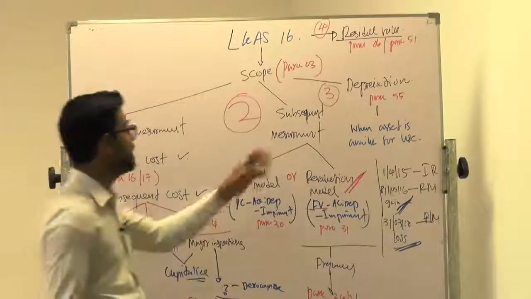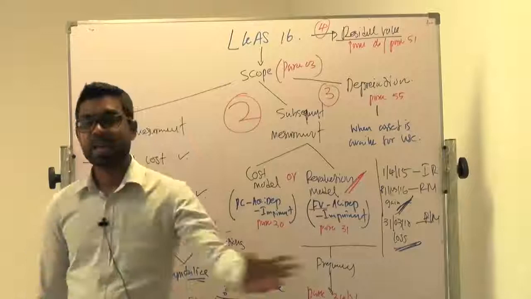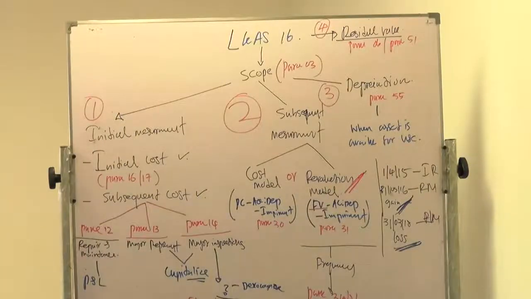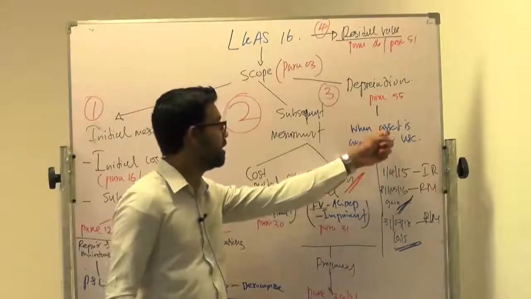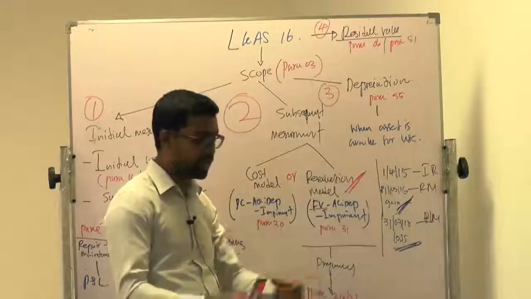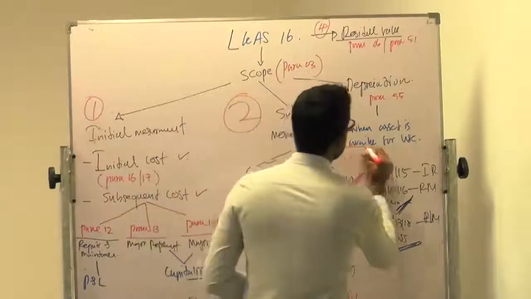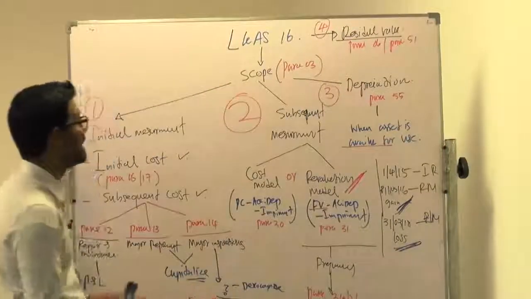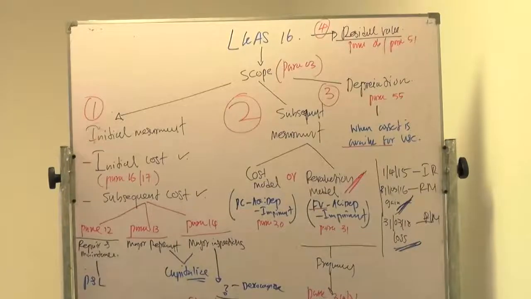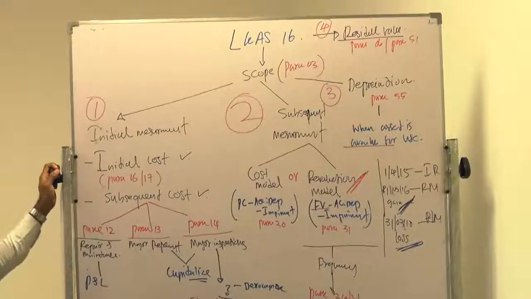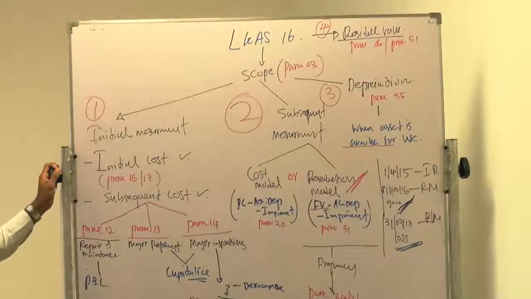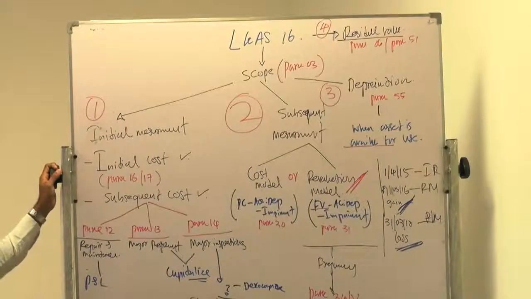Thereafter depreciation: there are two methods, straight line or reducing balance. Either way, you have to start depreciating the asset when it is available for use. Underline the words available for use. Paragraph 51 explains that clearly. These are simple things that you can misinterpret because you have not experienced learning through the standard book.